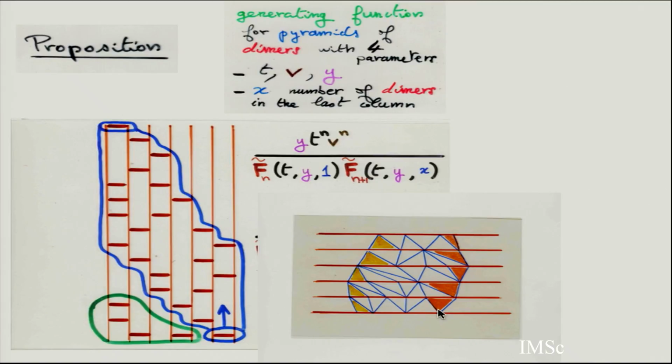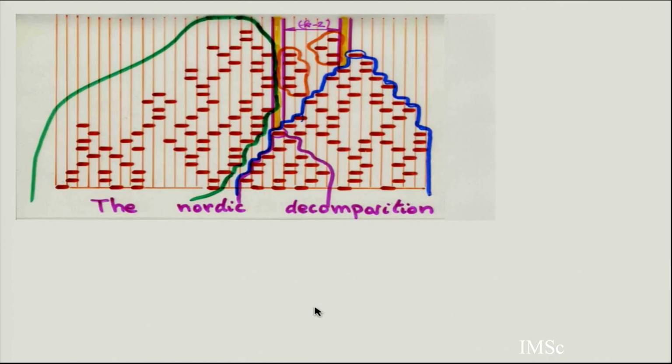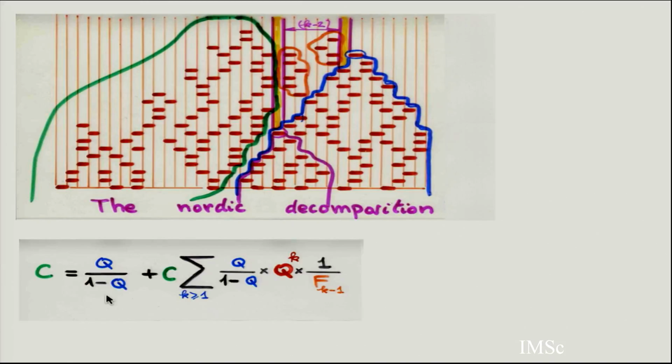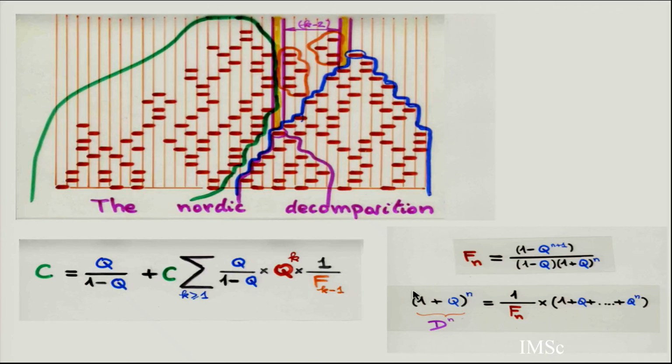So I go quickly just to remind you of all this. We have seen the Nordic decomposition of a heap, of a connected heap, which gives you this functional equation. With this equation, which also gives a bijective proof, you can cancel completely the Fibonacci polynomial, and what remains is only q, the generating function for the Catalan number.